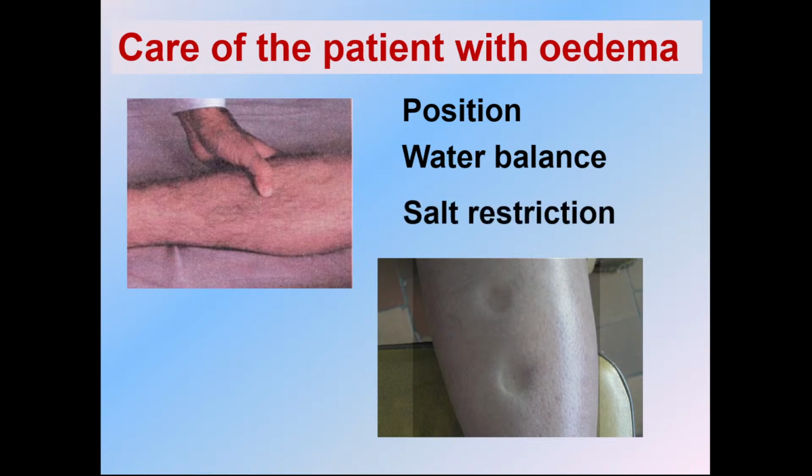And the next recommendation is restriction of salt, because salt is a provoking factor which delays liquid inside the body, and sometimes a patient with severe progressive edema will completely exclude salt from the diet.